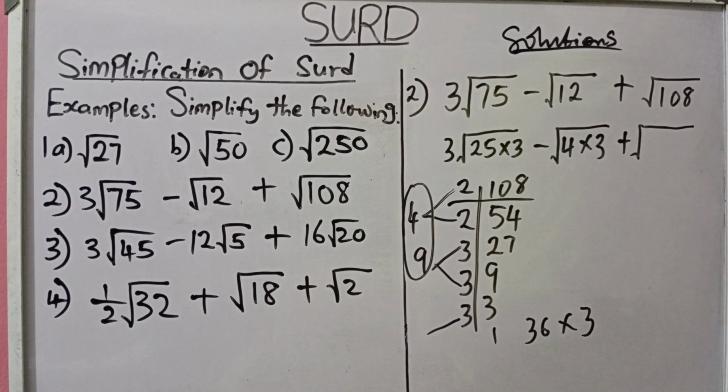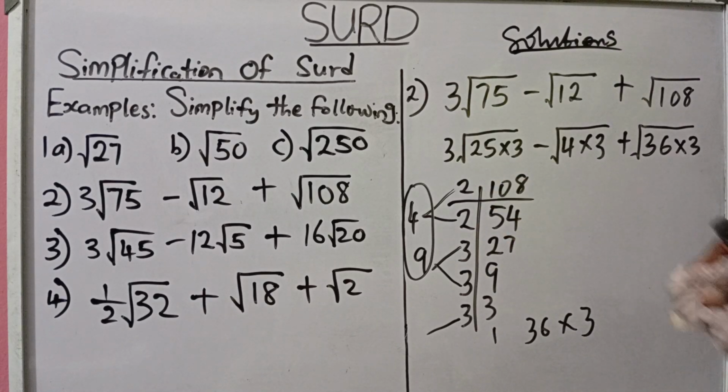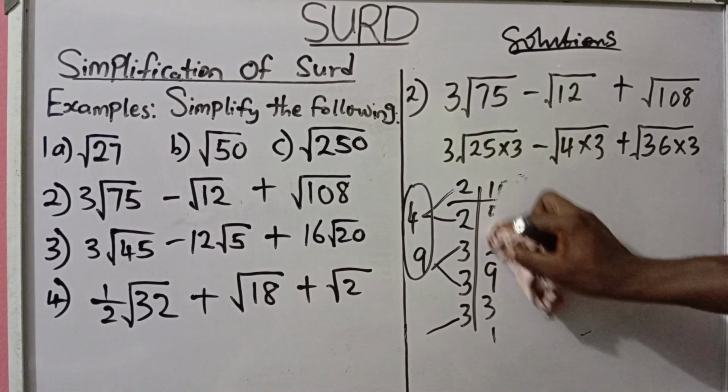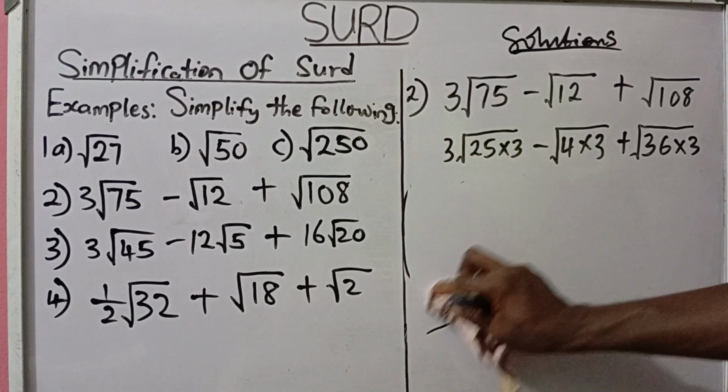So 36 multiplied by 3 gives us 108, of which 36 is a perfect square. So I'll put it this way: 36 multiplied by 3. I hope you understood how I was able to figure out the two multiples that will be used for this particular context. All right, so now let's go further.